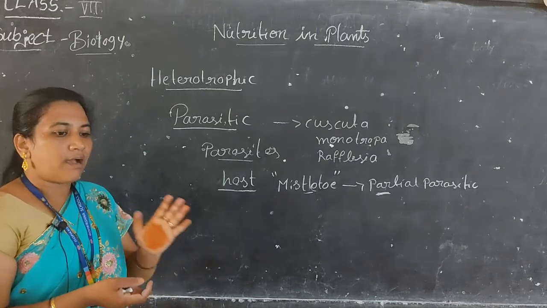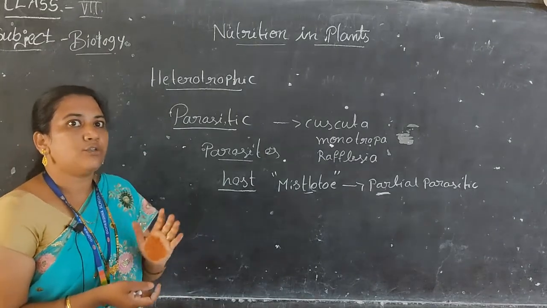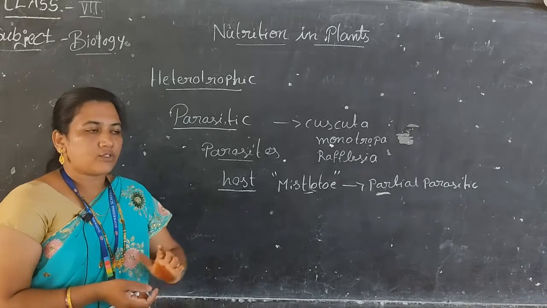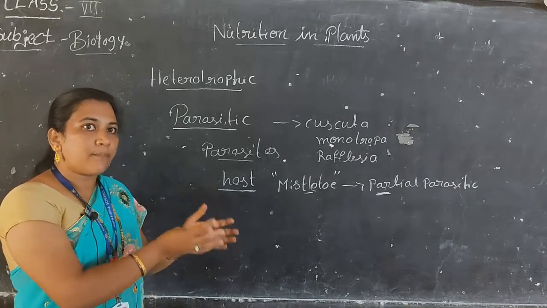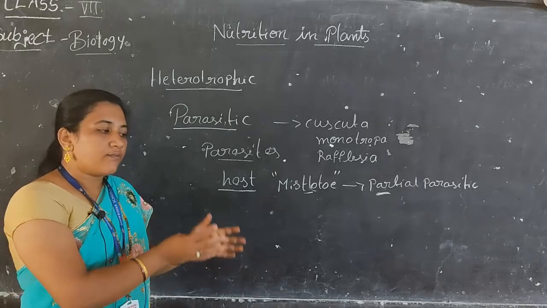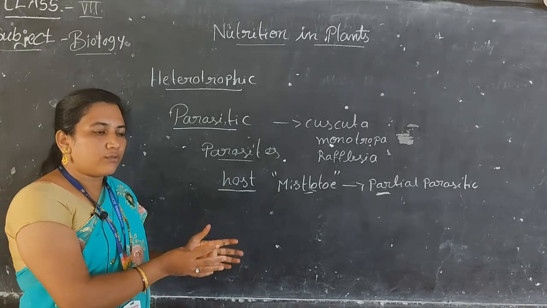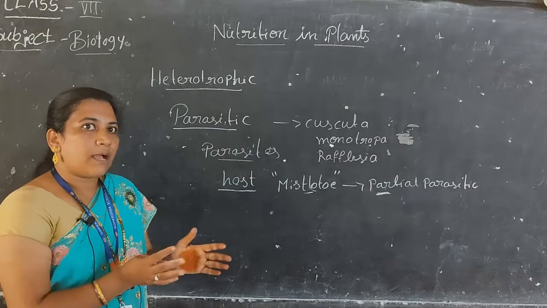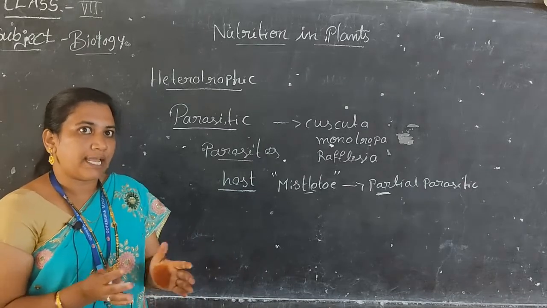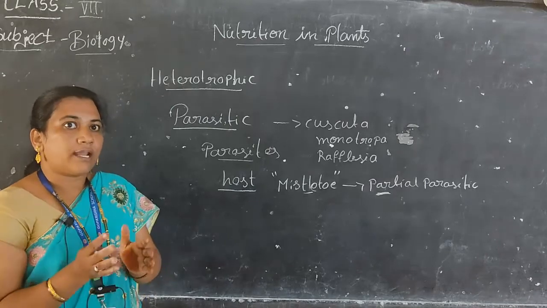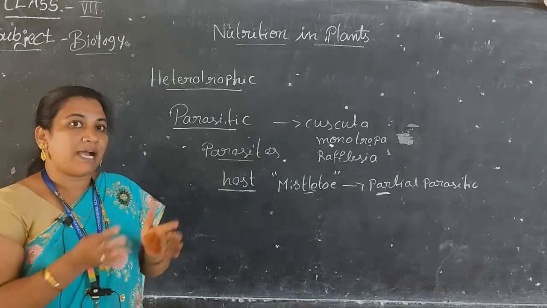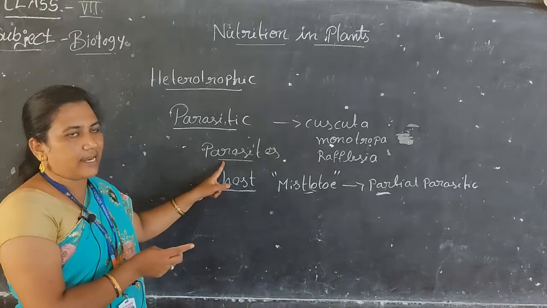One organism prepares food, and the other organism absorbs, takes, and derives that food. The organism which derives food from another organism is called a parasite.